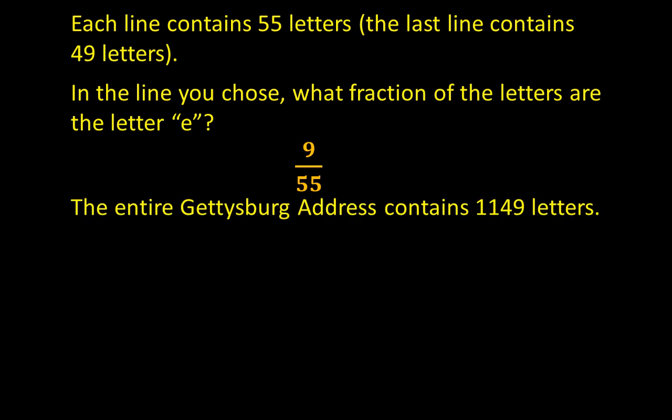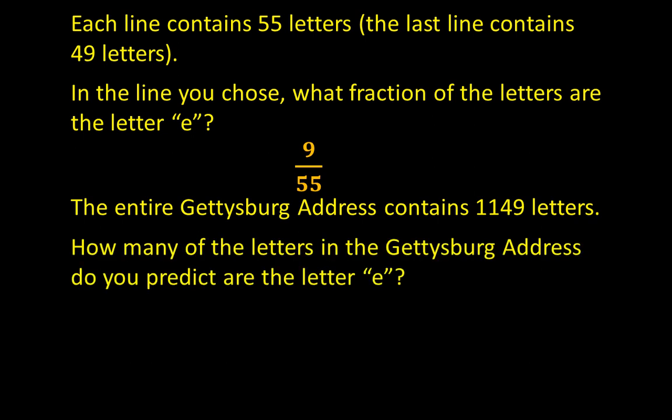Now if the entire Gettysburg Address contains 1,149 letters, and I want to know how many of the letters in the Gettysburg Address I predict are the letter E, I simply need to find 9/55 of 1,149, which is approximately 188.